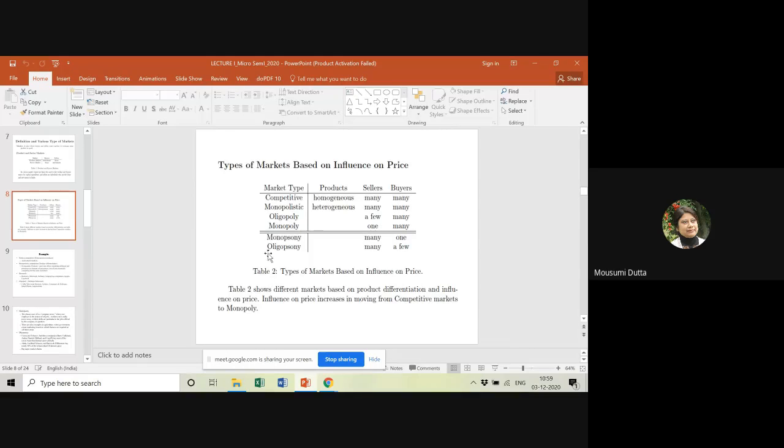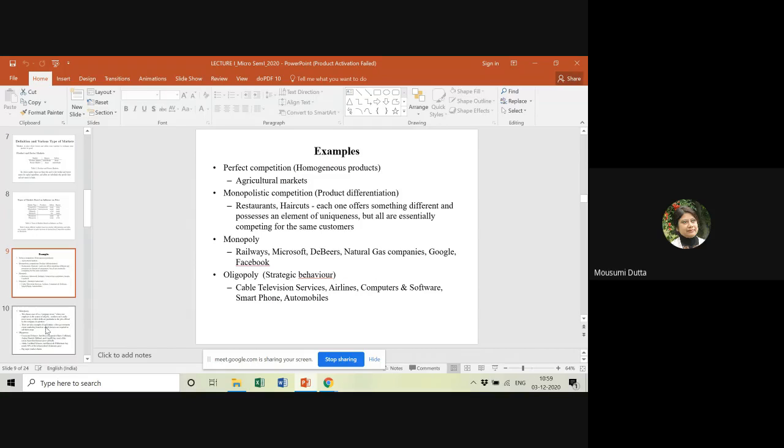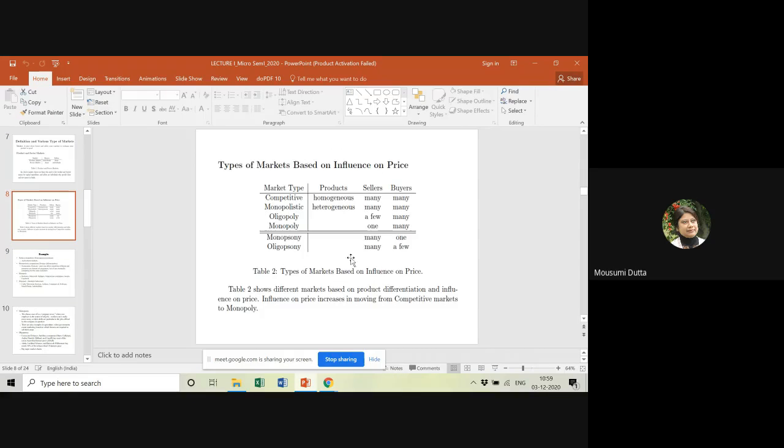If we consider the factor markets, the other variety we talked about, where the firms are buyers and individuals are sellers, two major constructs we will find. One is monopsony and the other is oligopsony.